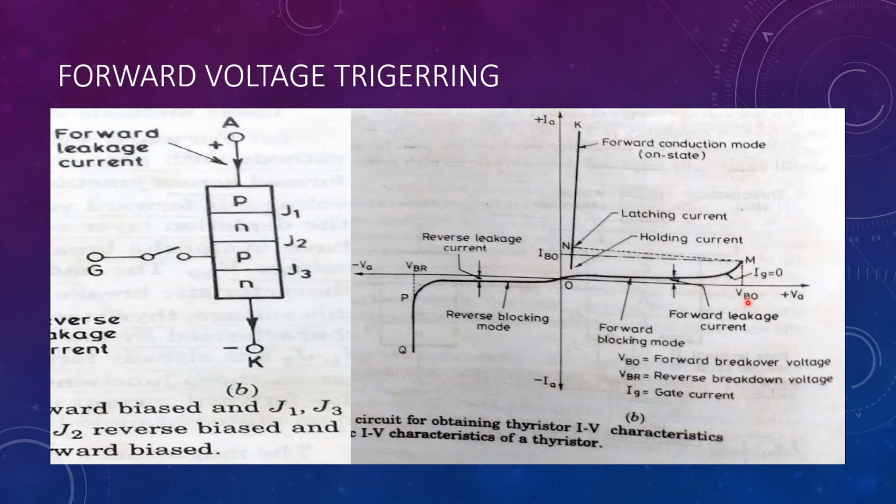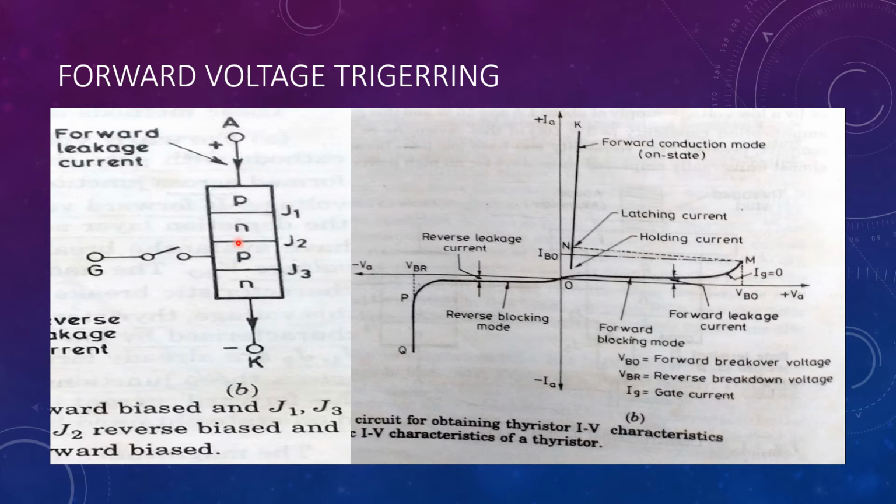After the voltage increases slightly beyond forward breakover voltage, the operation of the SCR shifts from forward blocking to forward conduction state. In forward conduction state, the voltage drop across the SCR is very small, whereas the current is very large.